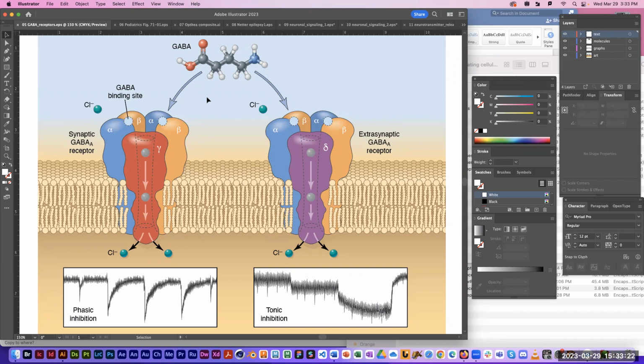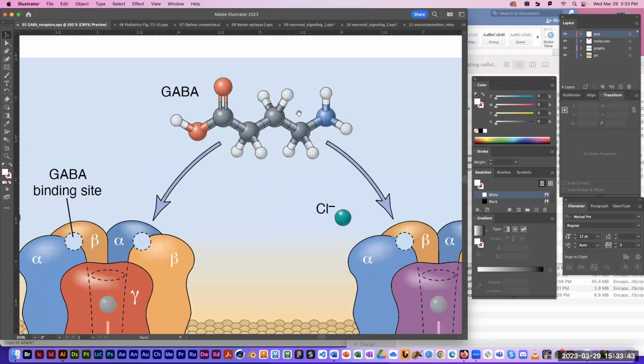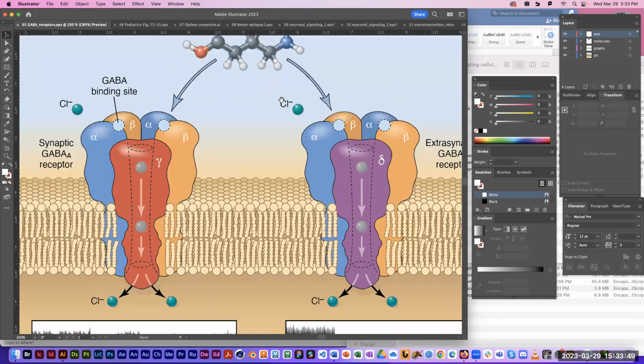I know for this particular one, I did actually download a file from the protein data bank so that I had something that showed me the approximate structure of the molecule. I simplified it a lot in Illustrator, but still, it's roughly based on the real shape of the molecule. And then, of course, we got the GABA up here. That looks like the project, not the last project, but the one before that, with the ball and stick kind of thing.